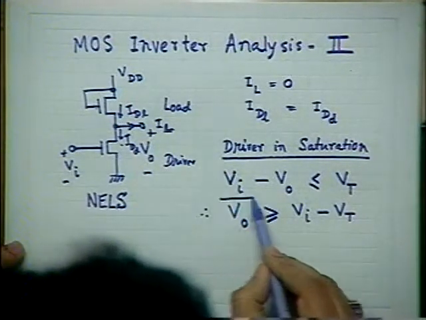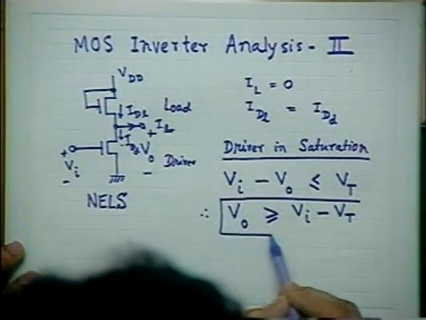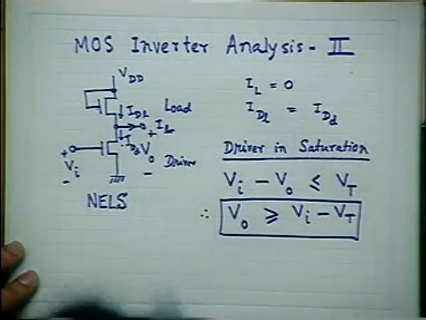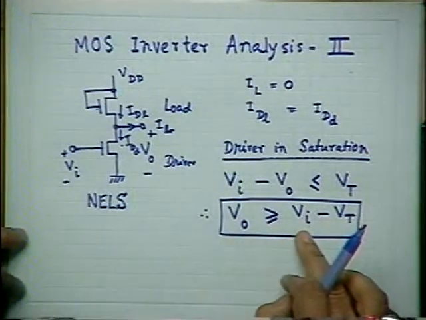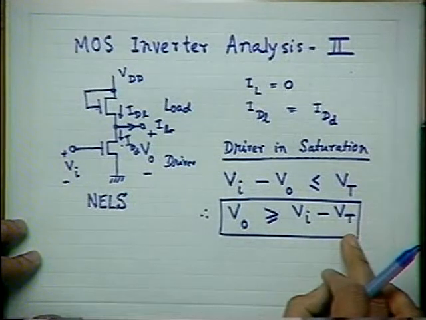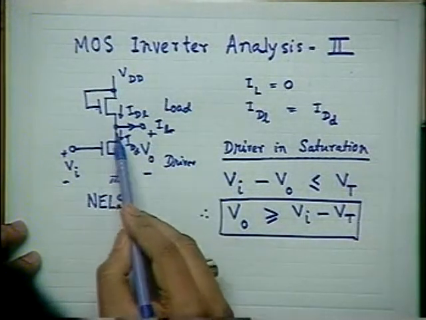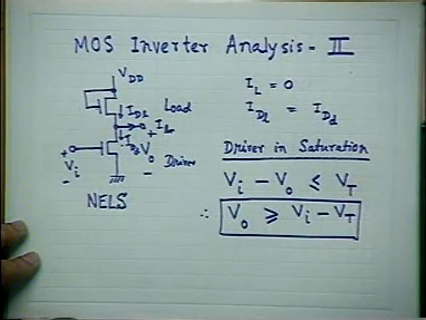Please note down, this is the condition. VO should be greater than or equal to VI minus VT in order that the driver transistor is in saturation. Please remember this. Not VI plus VT, which I was writing in the last class. It was a wrong thing. Please take note of this.